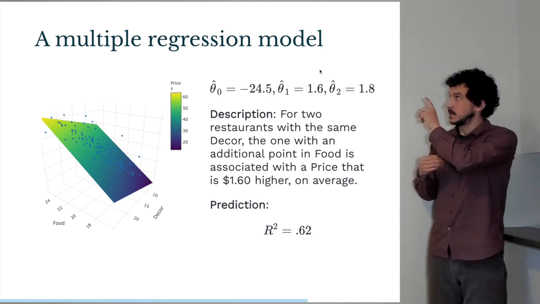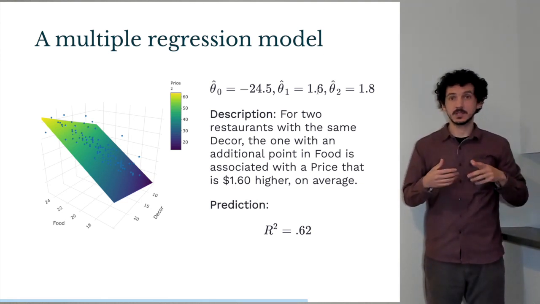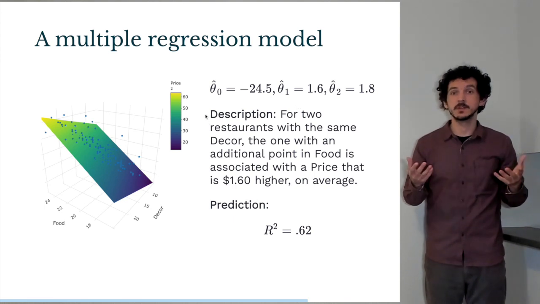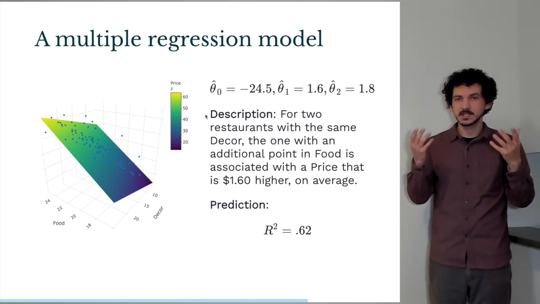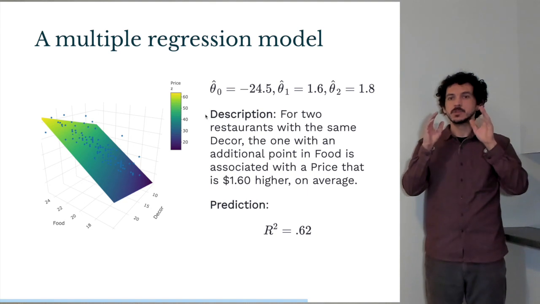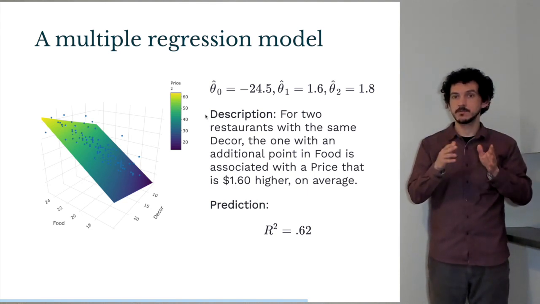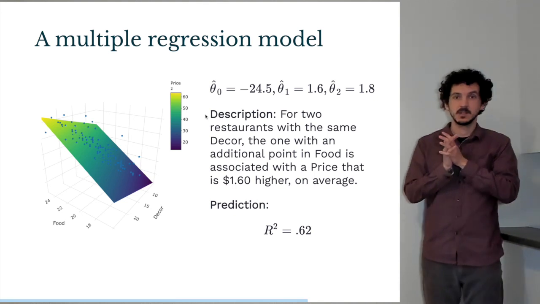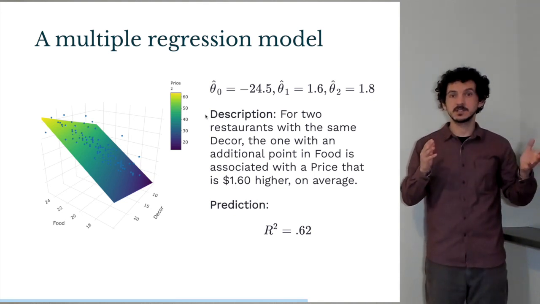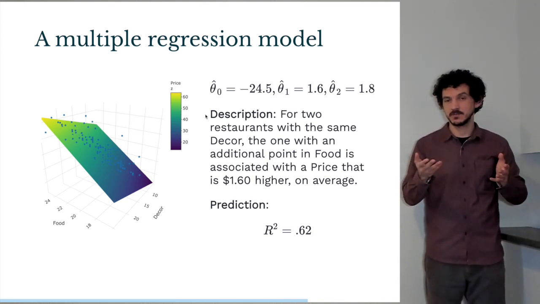Now let's focus on interpreting that 1.6, thinking about it in a descriptive capacity. We'd say something like this: for 2 restaurants with the same decor, the one with an additional point in food is associated with a price that is $1.60 higher on average.